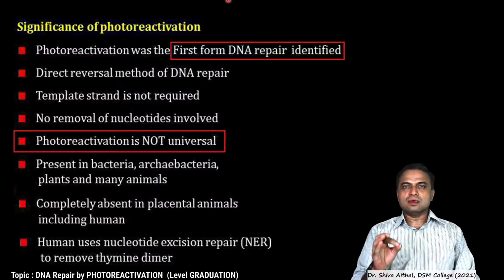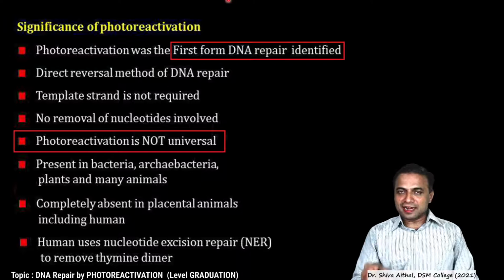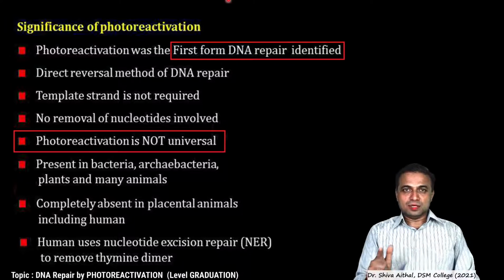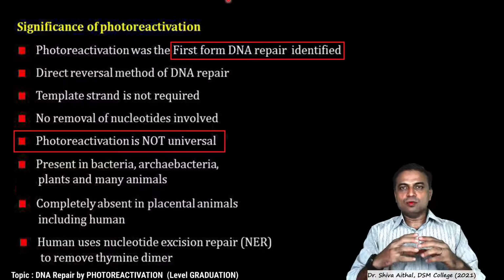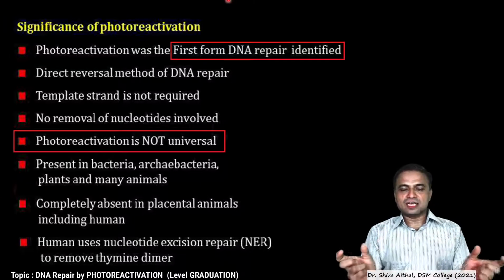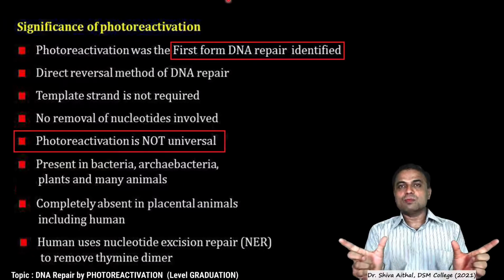Photoreactivation, you can remember it as the first form of DNA repair. Maybe it was the first mechanism present on the face of the earth during evolution. I can believe that. This is the only method where direct reversal of DNA damage takes place. Direct reversal means the cyclobutyl ring is reversed, the cyclic structure is converted back into a planar structure.